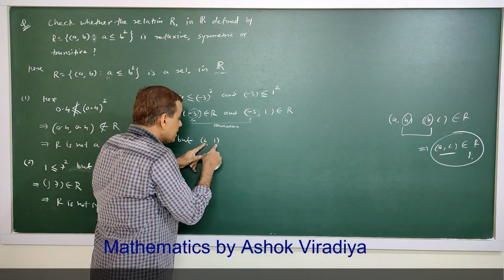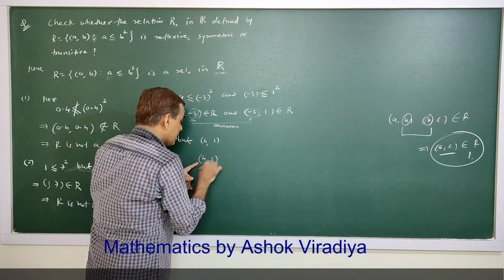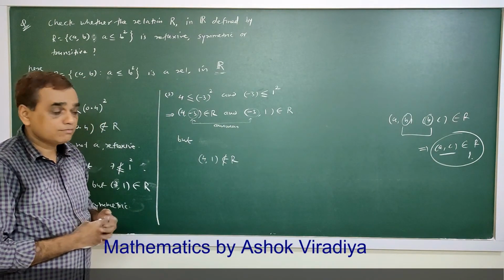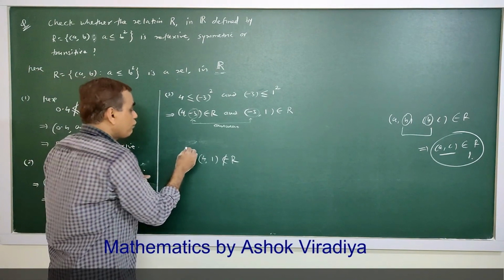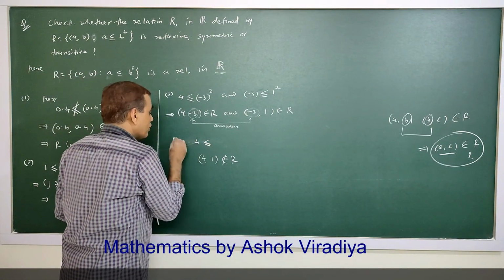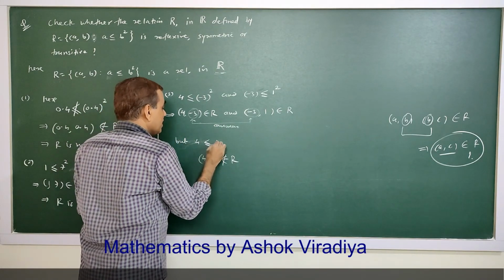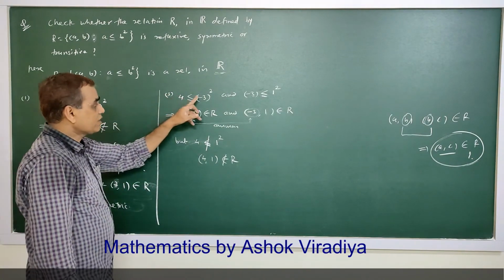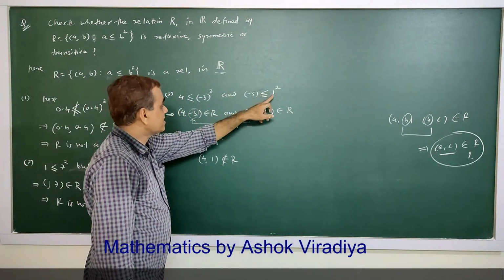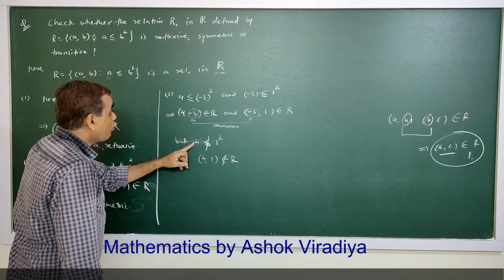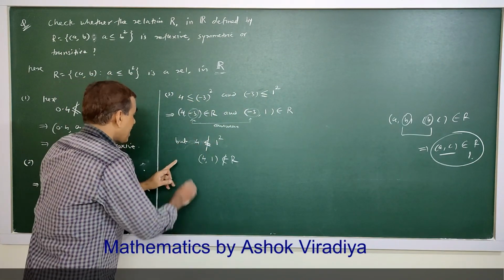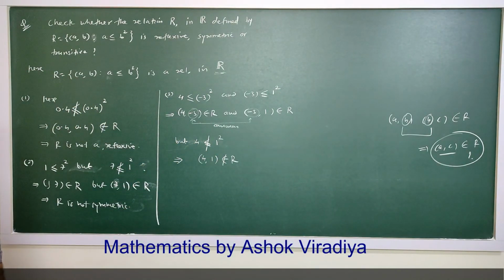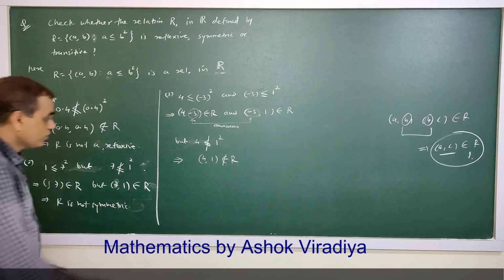But (4, 1) does not belong to R because 4 less than or equal to 1 squared is not true. 4 is less than or equal to minus 3 squared and minus 3 is less than or equal to 1 squared, but 4 is not less than or equal to 1 squared, which implies (4, 1) does not belong to R. So what is proved here?